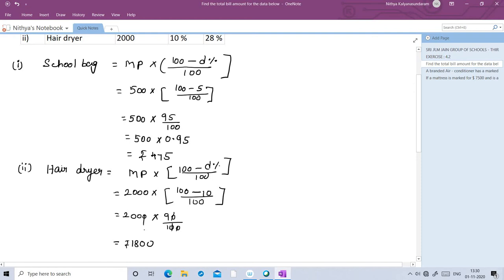So GST is given. So for the bill amount we should apply GST on the discounted value of these items. So we want to include that GST also. So calculate the bill amount.